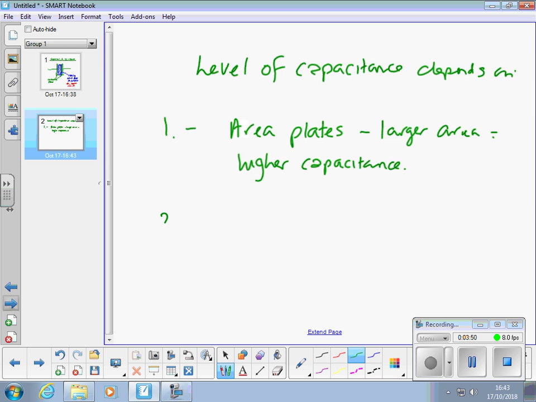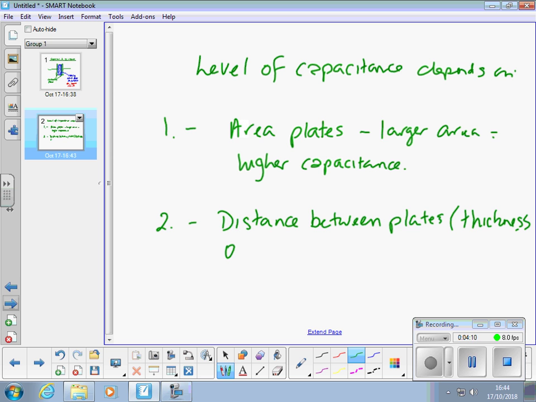Number two, the distance between plates, which inherently means the thickness of the dielectric. Less distance, more capacitance.